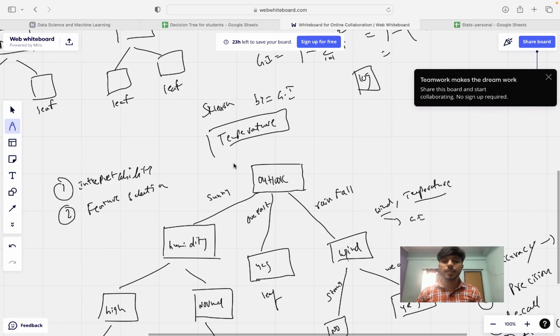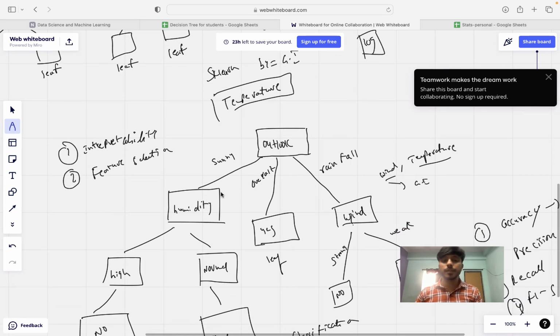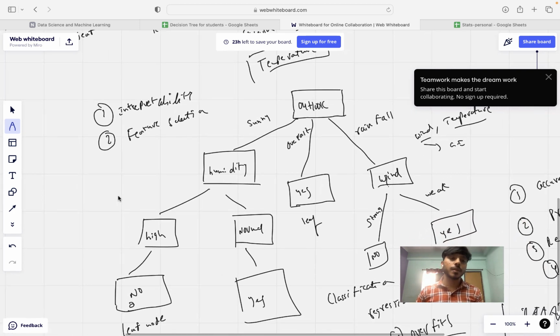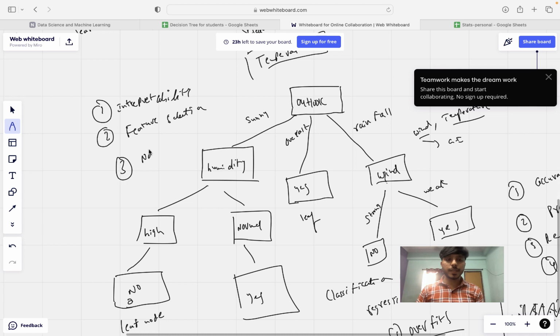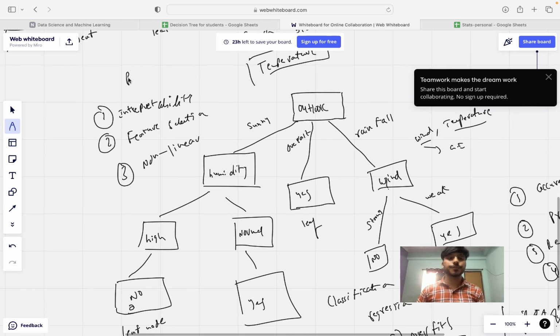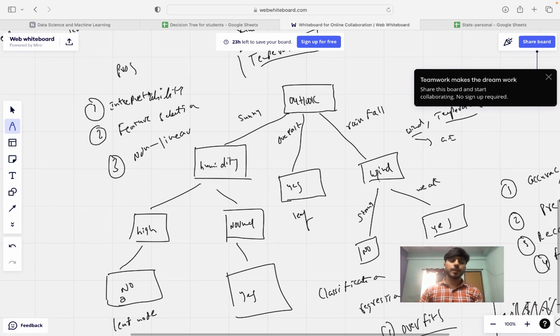It used only the subset of features to build a decision tree. Okay, that's one of the major advantages. Yeah, it is used for non-linear data as well. That's what I said at the beginning. Okay, these are the pros of a decision tree.